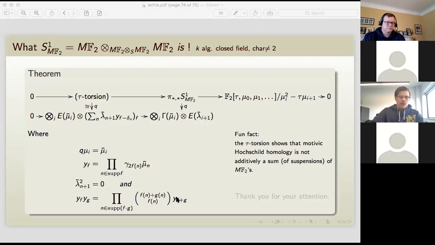The motivic Eilenberg-MacLane spectrum has no tau torsion, but the motivic Hochschild homology has lots of tau torsion, so it's not even as a module a sum of motivic Eilenberg-MacLane spectra. It's something more interesting than that.